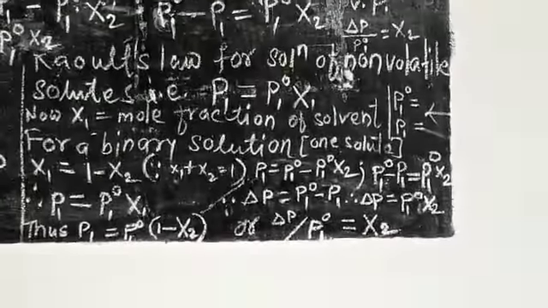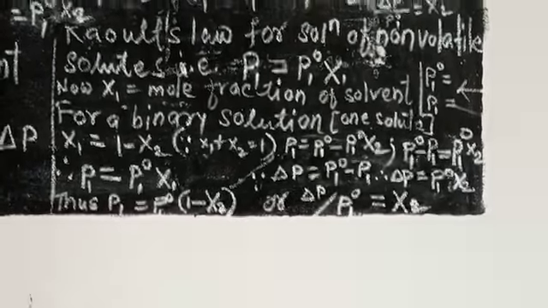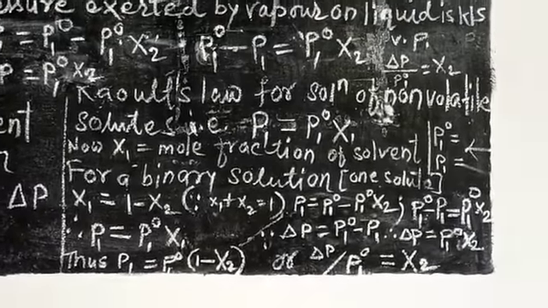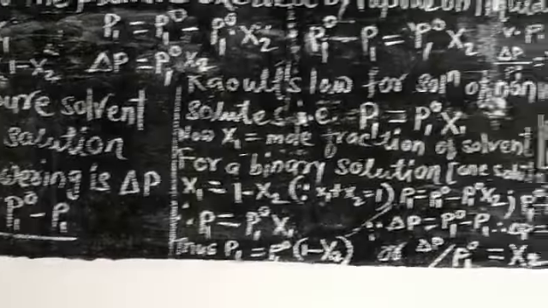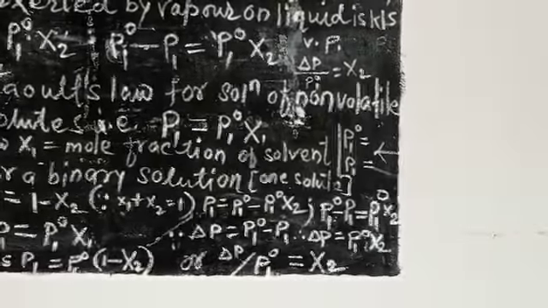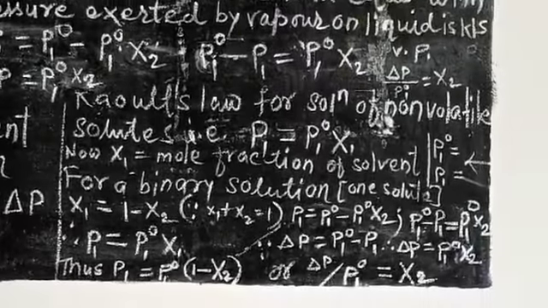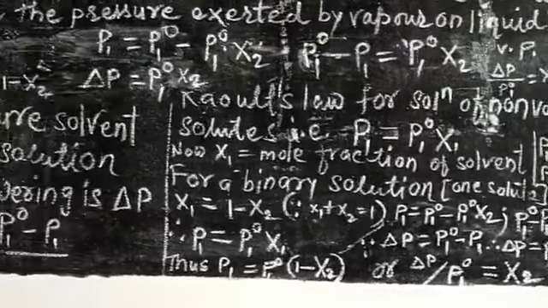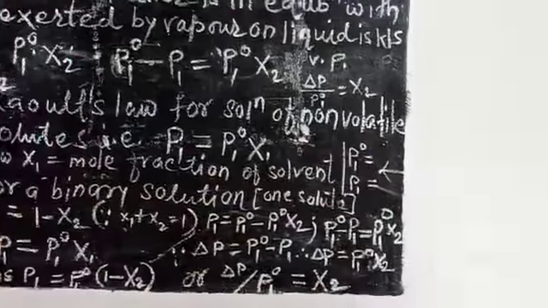That's why lowering of vapor pressure is said to be the colligative property. That means the expression delta P is equal to P01 into X2, or delta P upon P01 is equal to X2. So delta P is lowering of vapor pressure, P01 is the vapor pressure of solvent, both these values I have written here.